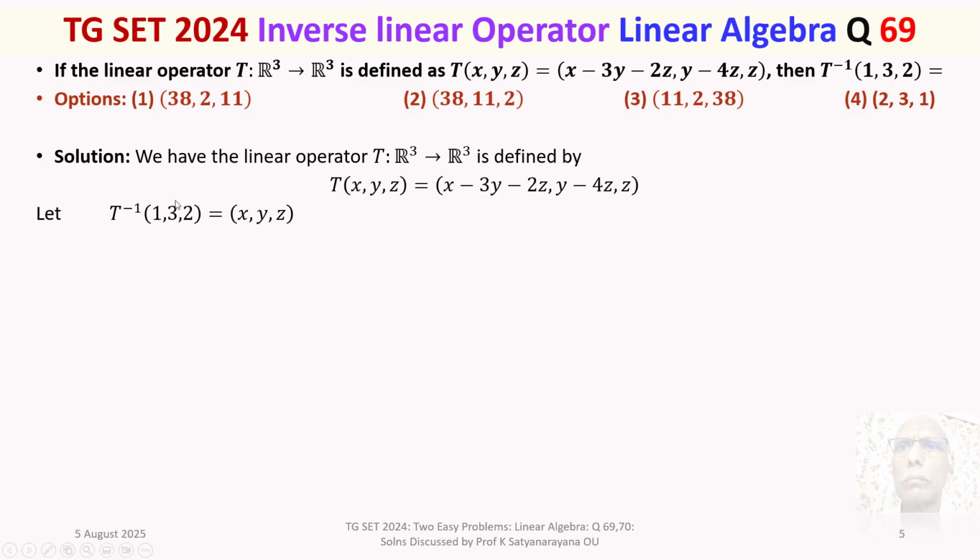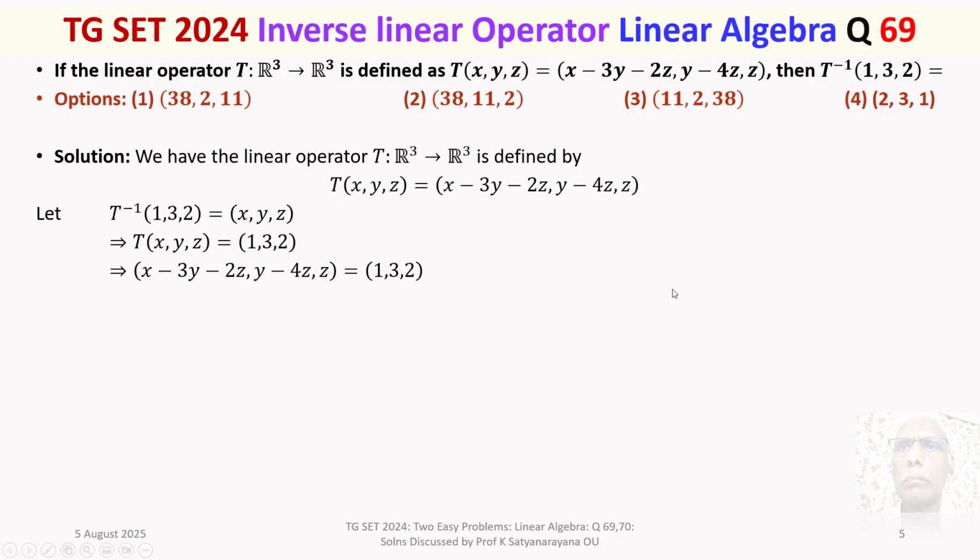Let T inverse of 1, 3, 2 be the triad x comma y comma z. Operating T on both sides, we will get T of x comma y comma z is equal to 1, 3, 2. T of T inverse is identity operator. Now, T of x, y, z is 1, 3, 2 means, using the definition of T, the triad x minus 3y minus 2z, comma, y minus 4z, comma, z is equal to the triad 1, comma, 3, comma, 2.